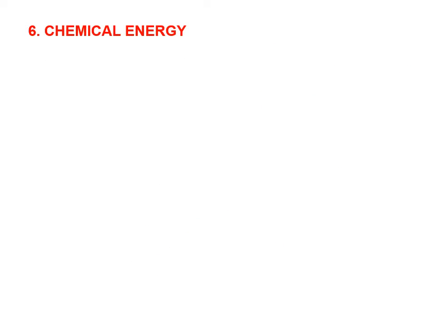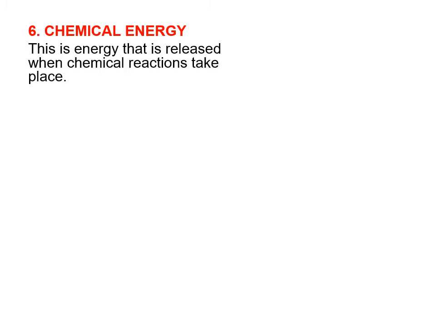We also have chemical energy, and that's the energy that you'll become more familiar with in your chemistry classes as well. It's the energy that is released when chemical reactions take place.